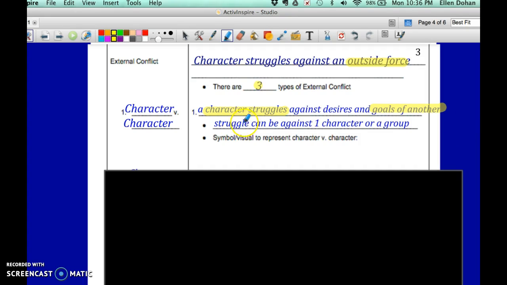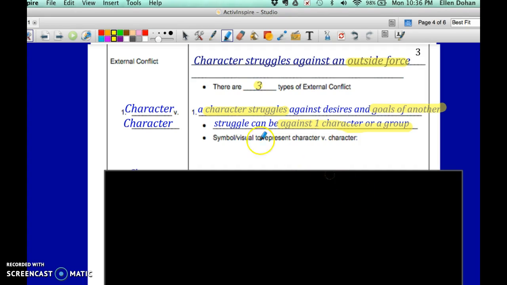However, this struggle can be against one character or it can be against a group. So it can be one person versus 3 people or one person against 2 people. Like if you and your parents are getting in a fight, that's character versus characters. Your goal is against your parents' goal.